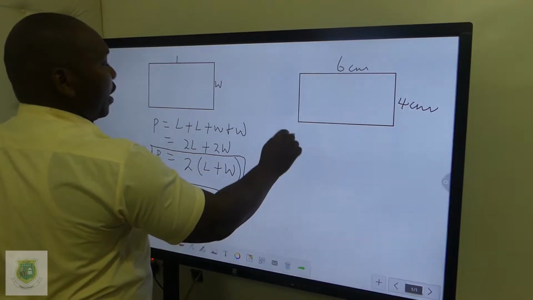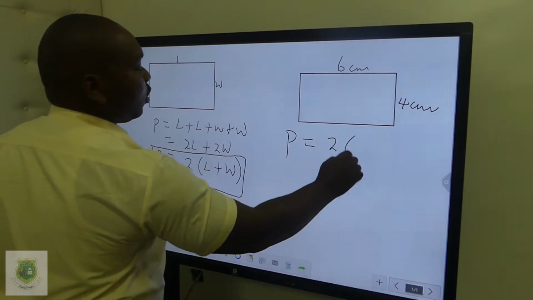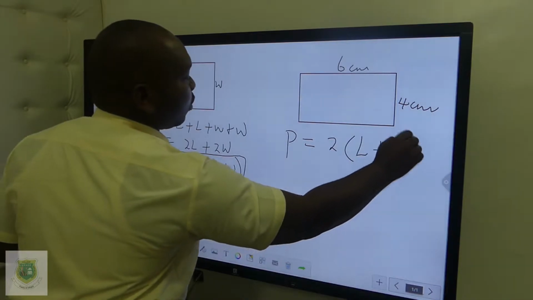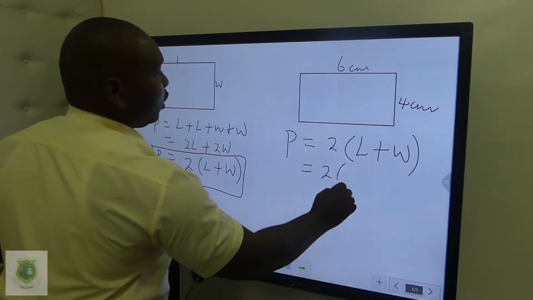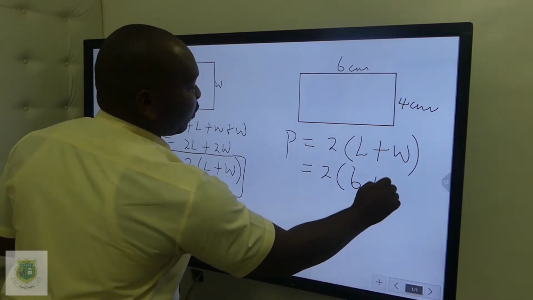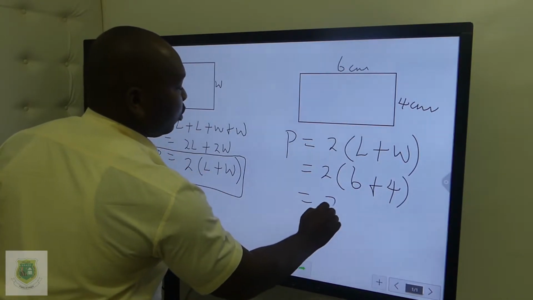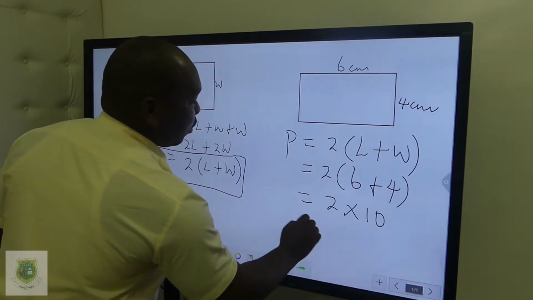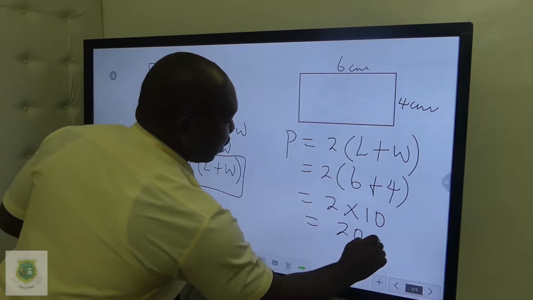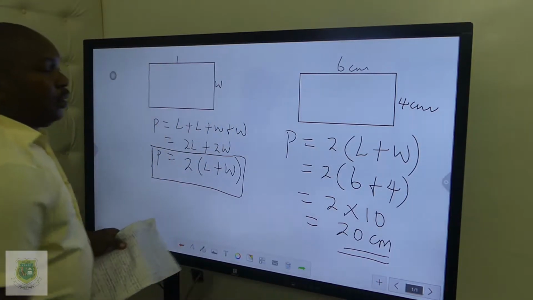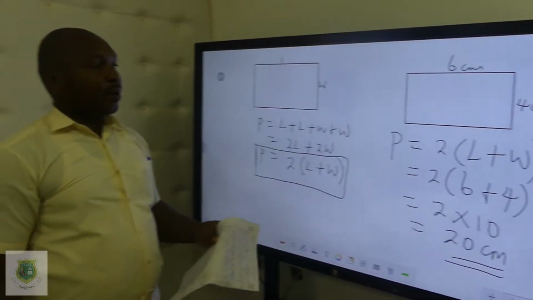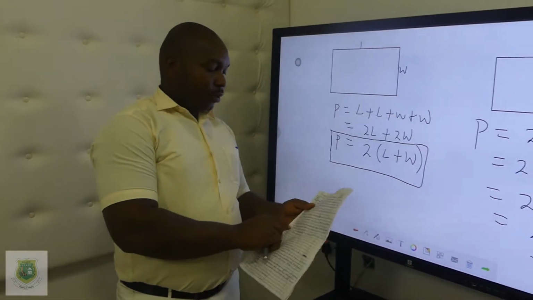We now say perimeter equals 2 into length plus W, which is 2 into 6 plus 4, which is 2 times 10, which is 20 centimeters. So this is how we calculate the perimeter of a rectangle.